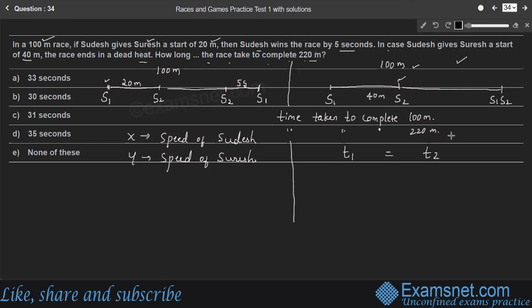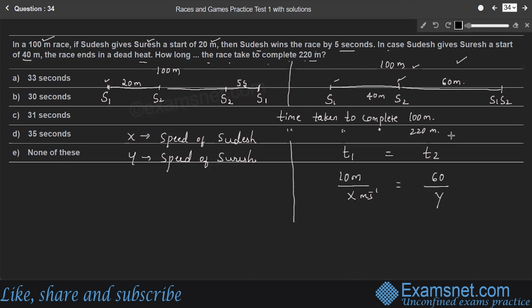So time can be expressed in terms of speed, right? Distance by speed is time. Therefore, the distance covered by Sudesh, the first person, is 100 meters and his speed is x meters per second, which is equal to the distance covered by the second person, only 60 meters, divided by his speed y.